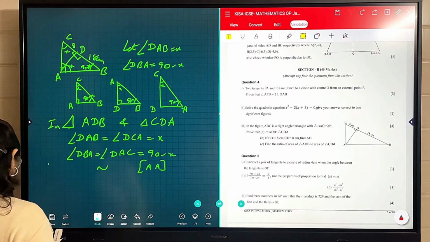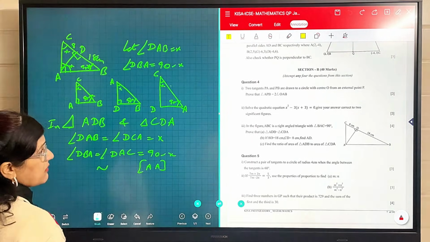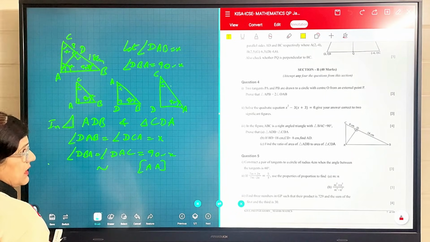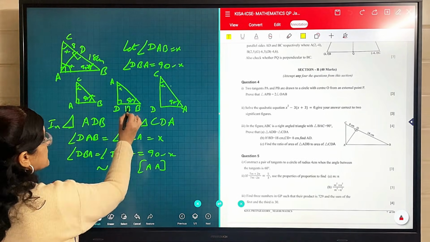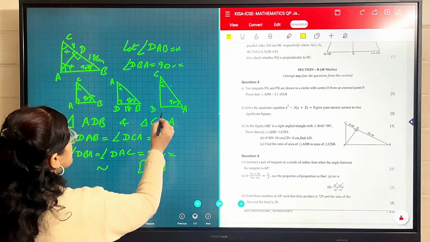So for this we have to go deeper into the question, meaning we have to take the proportional sides of the particular triangles. Now BD is 18, given in the question, and CD is 8.